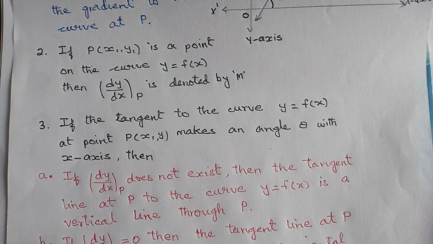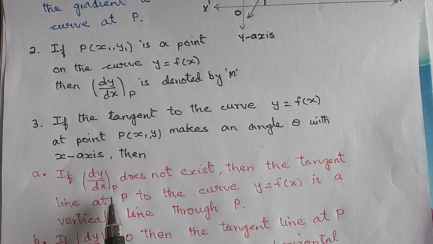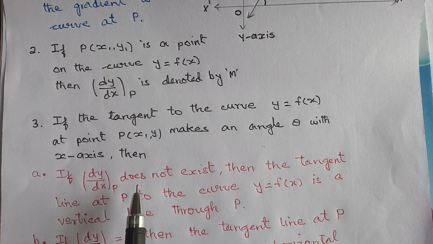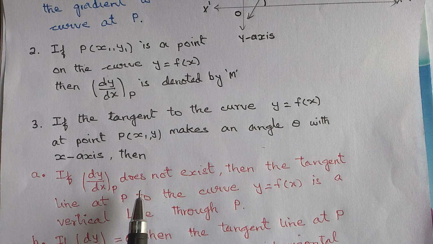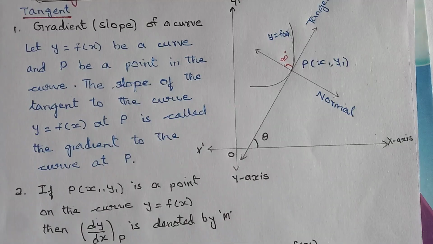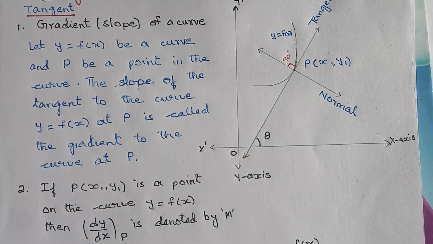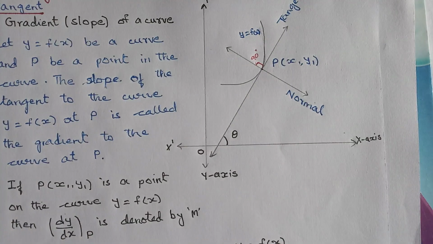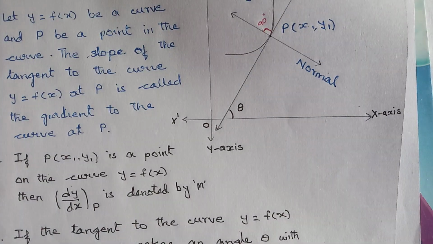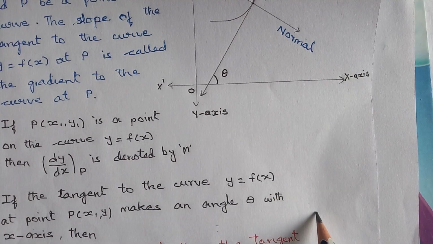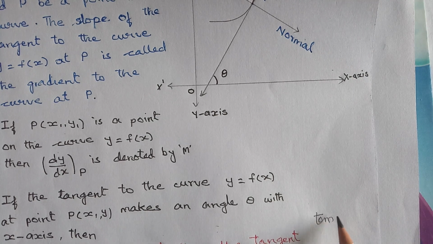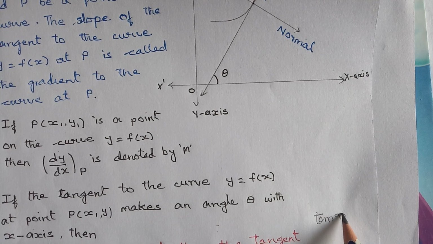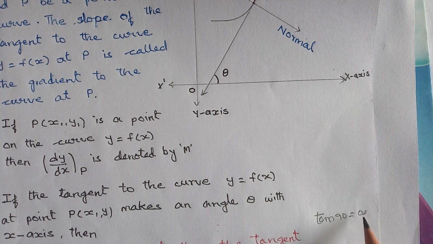If dy by dx does not exist, then the tangent line at P to the curve y equal to f of x is a vertical line, meaning that tan 90 is infinity, it does not exist.